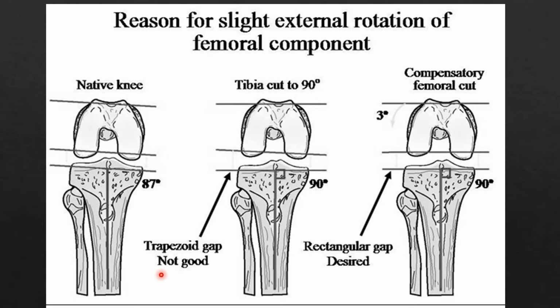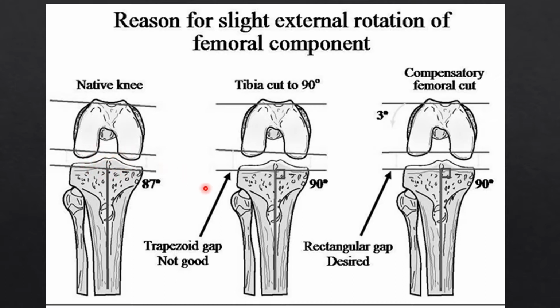So in the native knee, if the proximal tibia is cut parallel to the joint line, meaning at 87 degrees to the mechanical axis of the tibia, and the posterior condyle is also cut along the joint line, that is along the posterior condylar line, then we will get a rectangular space.